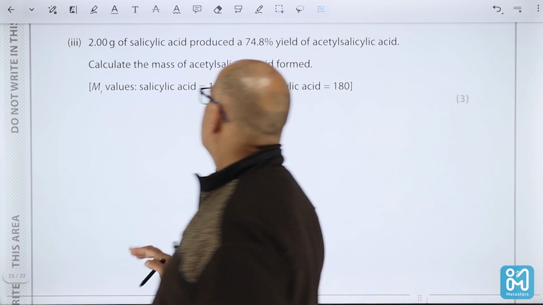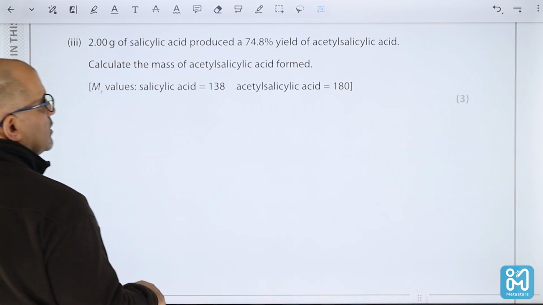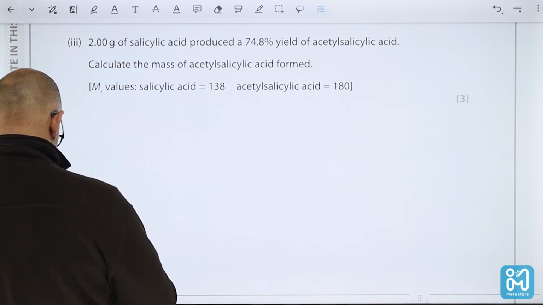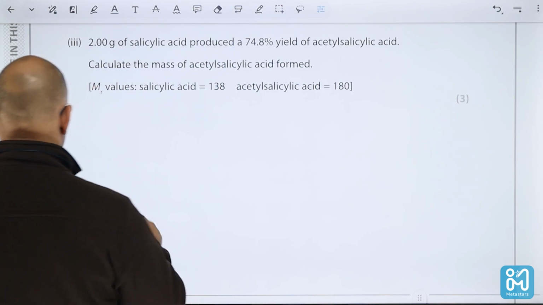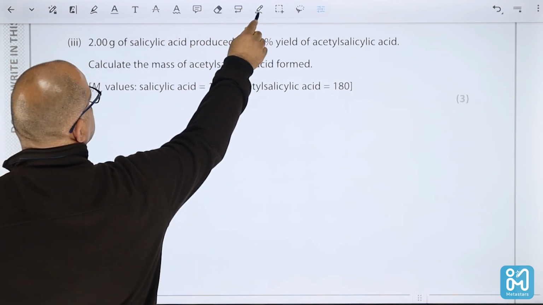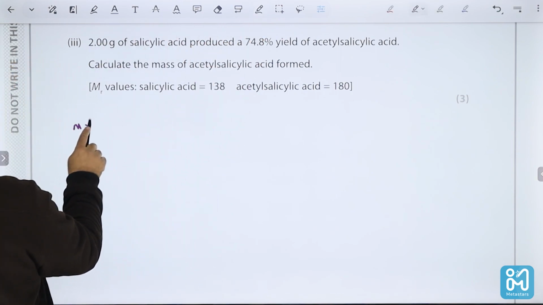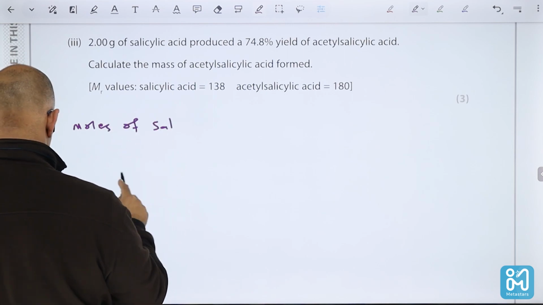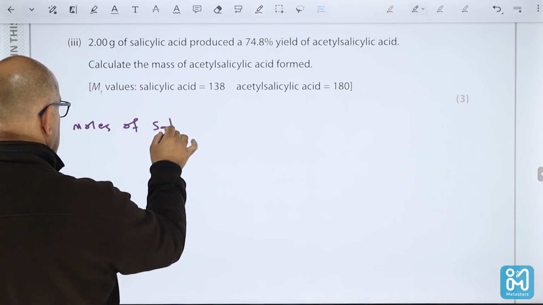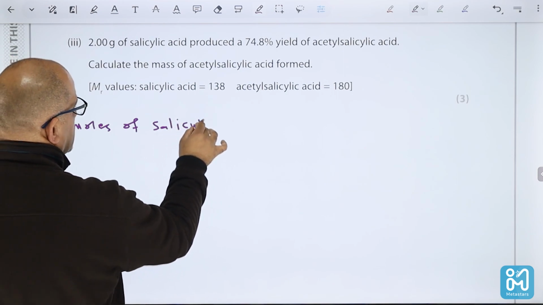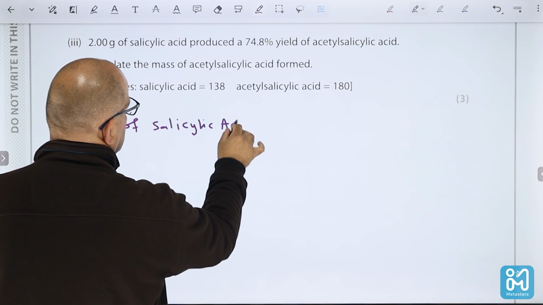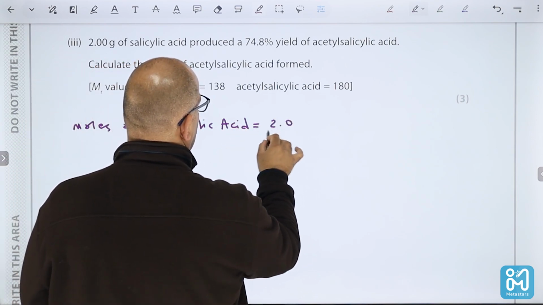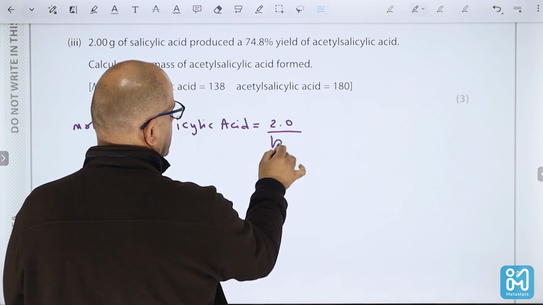The first step, you can start by finding the number of moles of the salicylic acid. So the moles of salicylic acid equals the mass over the molar mass, which is 138.